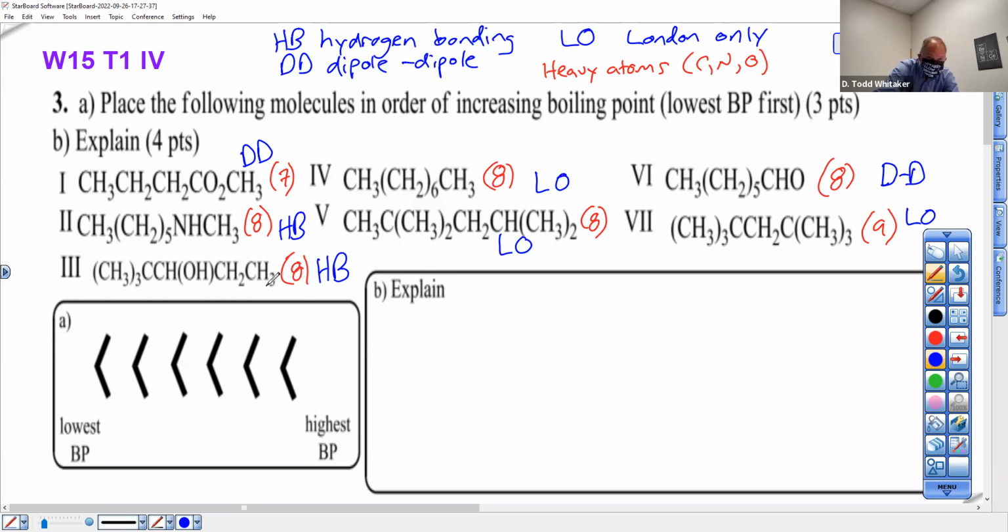It's not even close. 3.5 versus 3.0. What am I talking about? Electronegativities. The polarity of an OH is a lot higher than the polarity of an NH. So the hydrogen bonding is higher for 3 than it is for 2, and just say that.